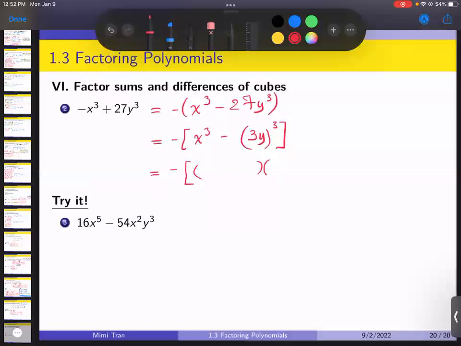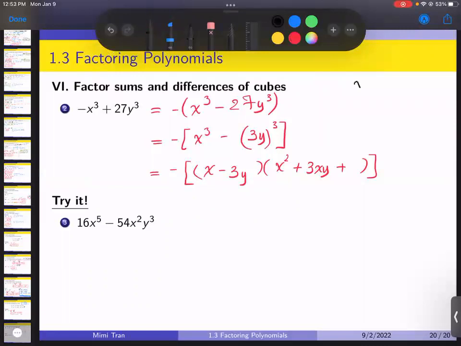Well, the least you can do is you have a binomial and a trinomial like that, right? Can someone tell me a binomial? Okay, very good. x minus 3y. Trinomial. Plus, almost correct.